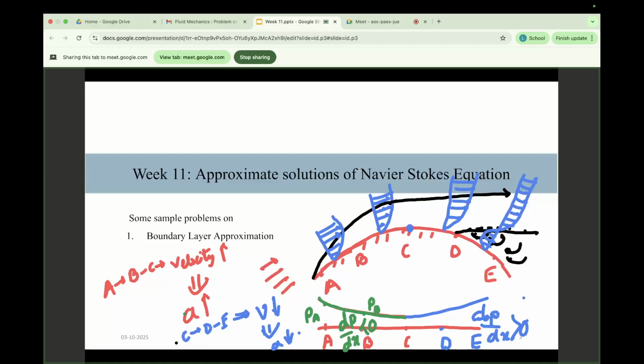If the pressure gradient is greater than 0, the velocity profile changes quite a lot. In this portion of disturbances, the velocity is in the opposite direction, right? And in the boundary layer region, it is the same as before. So this point is called boundary layer separation.